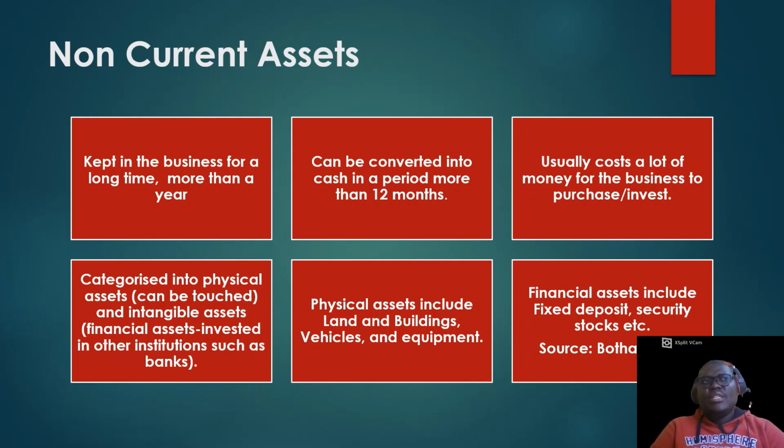As an organization, we may decide to take out some of the money that we have earned as a business and to say, okay, we want to have a fixed deposit with ABSA. How about we take this money that we have in our business and invest it in ABSA so that it can earn some returns? That money, when we prepare our financial statements, that investment that we have made, it will have to be reflected in our non-current assets.